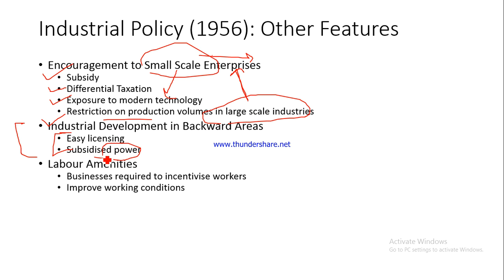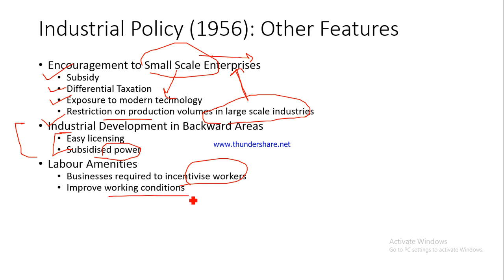Another aspect which was dealt with in Industrial Policy 1956 is labor amenities. So it was provided for in Industrial Policy 1956 that the businesses will have to incentivize workers, will have to provide them incentives to keep them motivated, and will also have to improve the working conditions.